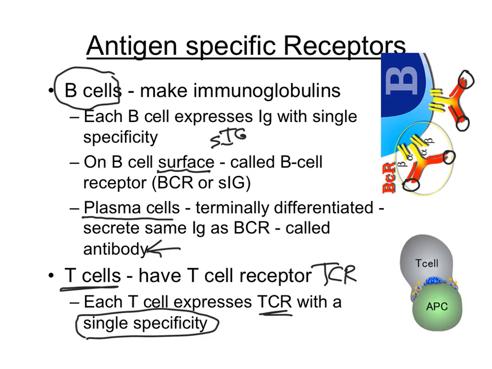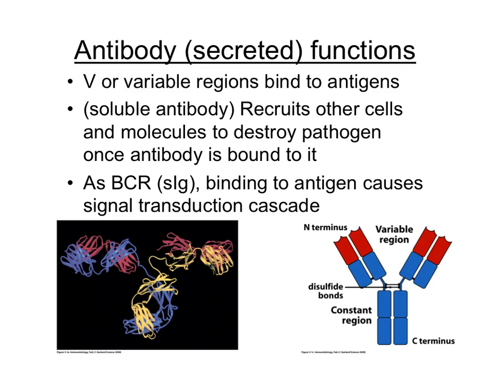So just as B cell receptors, on any individual B cell, will recognize one antigen, every T cell will recognize one antigen. First, we're going to focus on antibodies, or surface immunoglobulins, and how they get made and what their structure is.